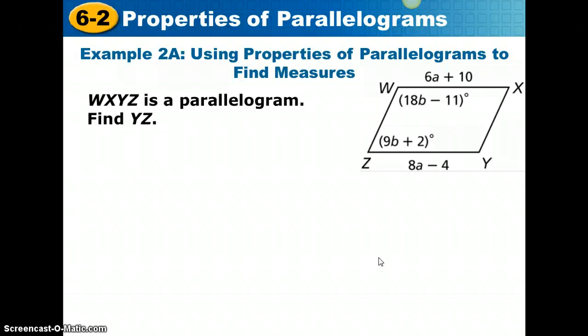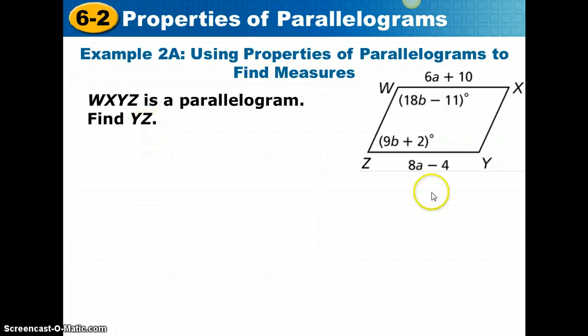Alright, in example 2, we're going to do a lot more of the same kind of work, but we are going to use the algebraic expressions. We are given in example 2, A and B, that this is a parallelogram. In this parallelogram, we have these opposite sides and these consecutive angles.